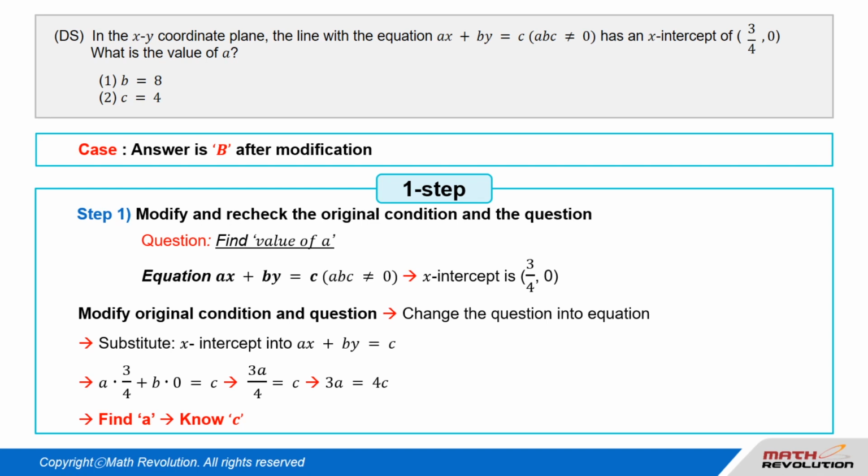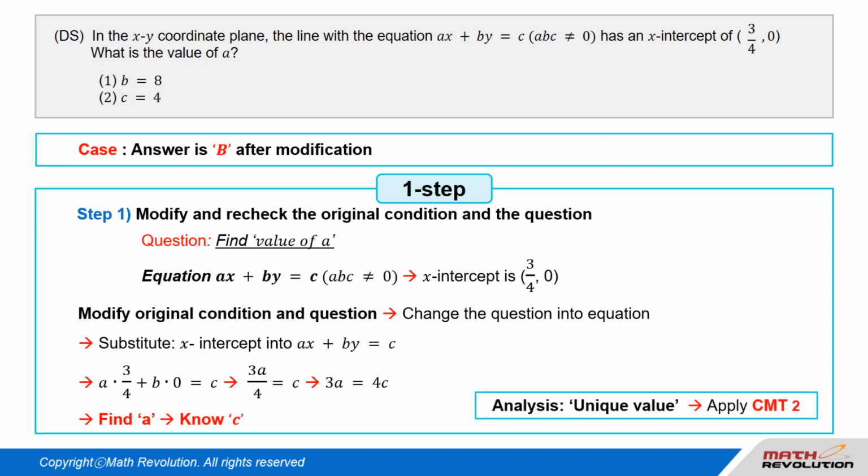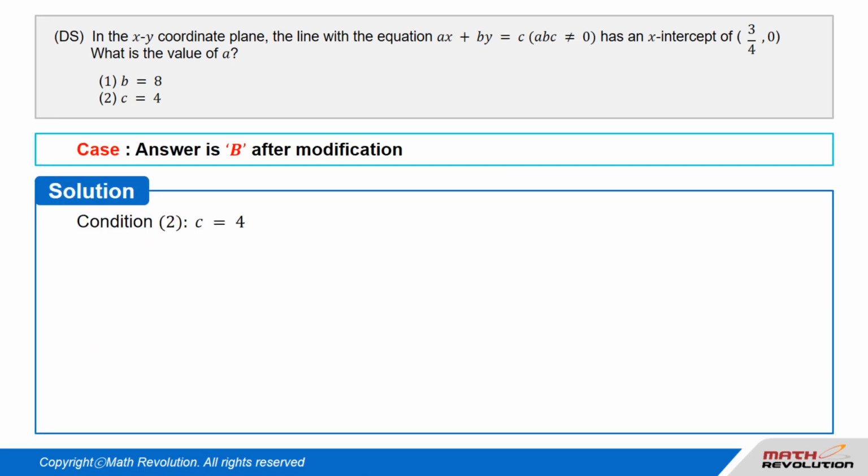We have to know the value of c to find the value of a, since 3a equals 4c. Moreover, we have to apply CMT 2 too, as we are looking for a unique value of a. Let's look at condition 2, which gives us what we are looking for, that is, c equals 4.